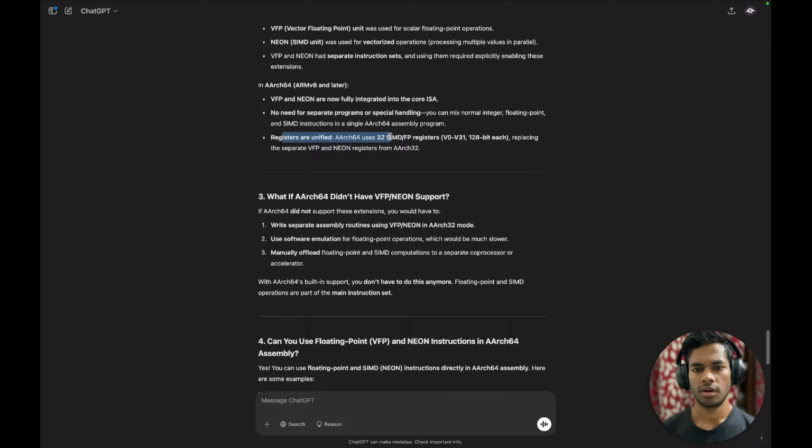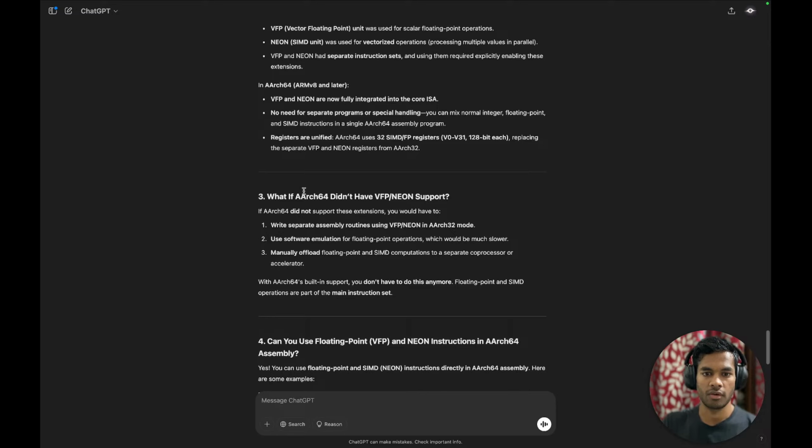AArch64 uses 32 SIMD/FP registers, V0 to V31, 128 bits each, replacing the separate VFP and Neon registers from AArch32. Okay, so the registers for SIMD and FP are the same.